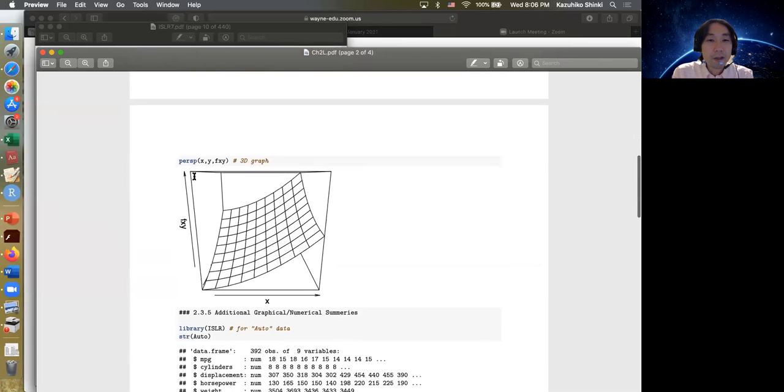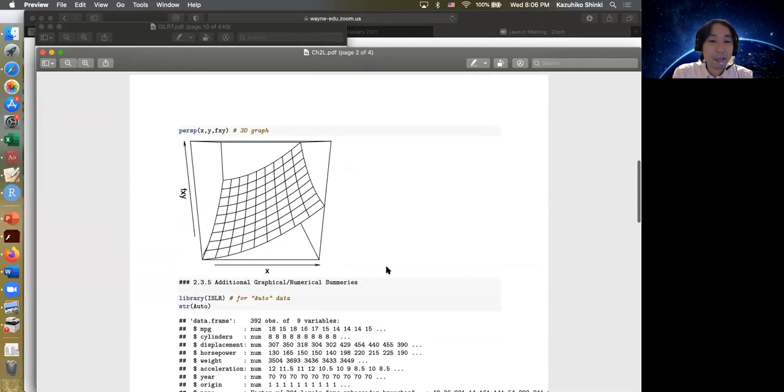Okay, and we can also make a 3D graph. This is the surface given by z equal to x squared plus y squared. So at x 0, y 0, this is 0. When x is 10 and y is 0, then it's 100. Sorry, at 10, 0, it's 100. And when x and y are both 10, then 10 squared plus 10 squared is 200.